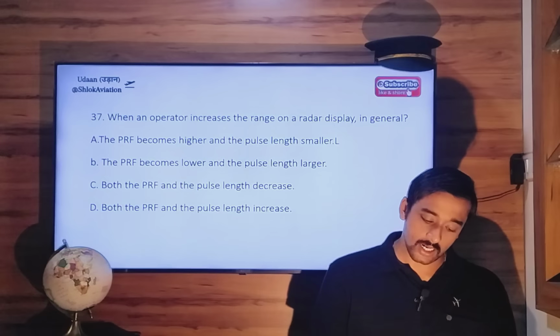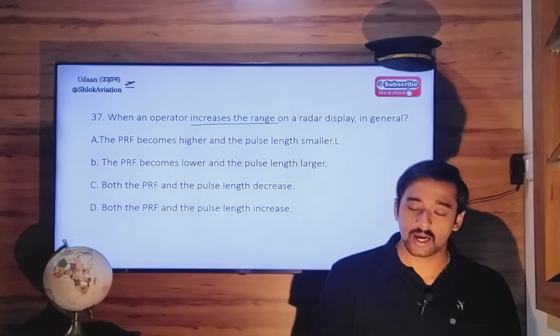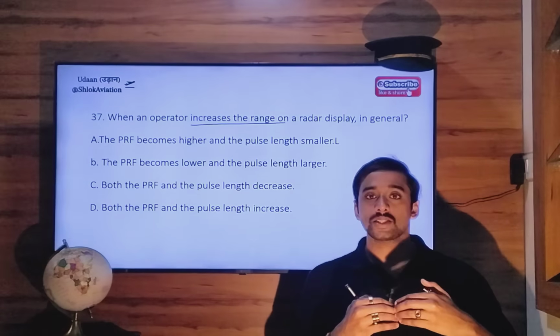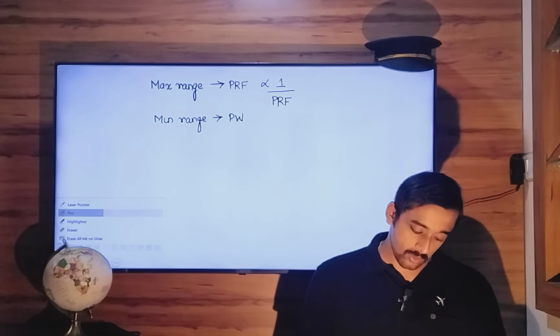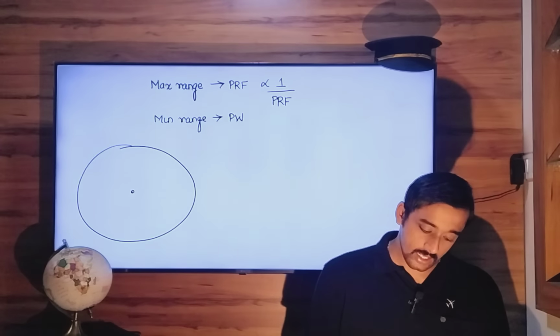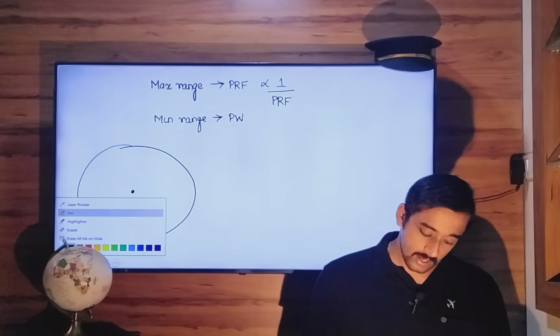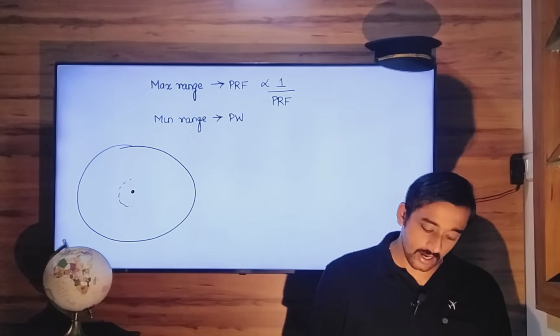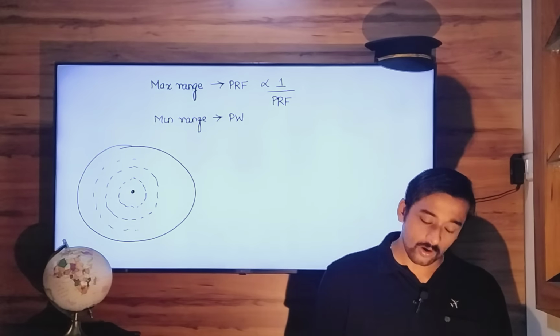When the ATC radar controller increases the range on a radar display, this is the radar display of the ATC screen. There is a transmitter in the center and there are many circles representing different ranges: 10, 20, 30, 40, 50, and so on.